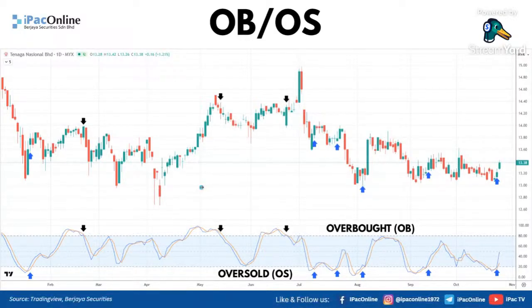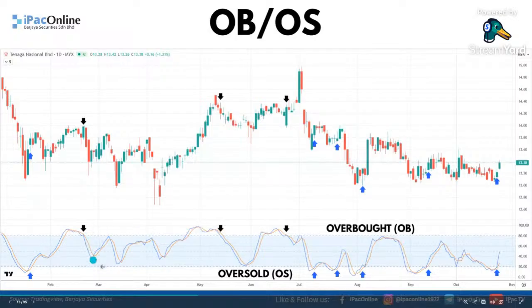Basically, stochastic is very similar to RSI. It's an oscillator that ranges from 0 to 100. This is how the stochastic oscillator looks like. It has 2 lines, rather than RSI's 1, and it uses 20 and 80 as the benchmarks for whether it's overbought or oversold. In the middle, this line is the 50.